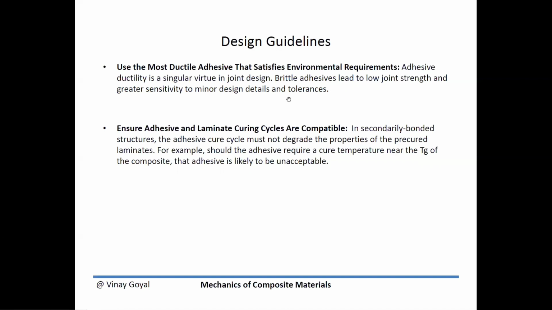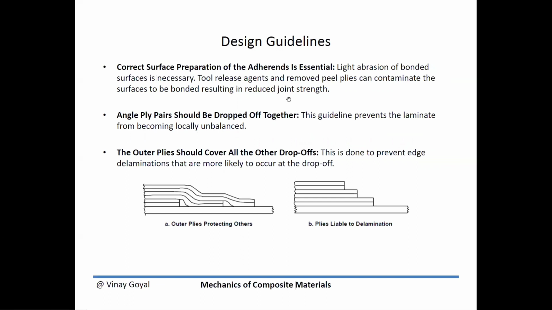If they're not, you can get in a situation where the laminate will be severely degraded and you could have a failure. For example, should the adhesive require cure temperature near the Tg of the composite, that adhesive will likely be unacceptable. So it's important to make sure that the materials you're using are compatible for your application.